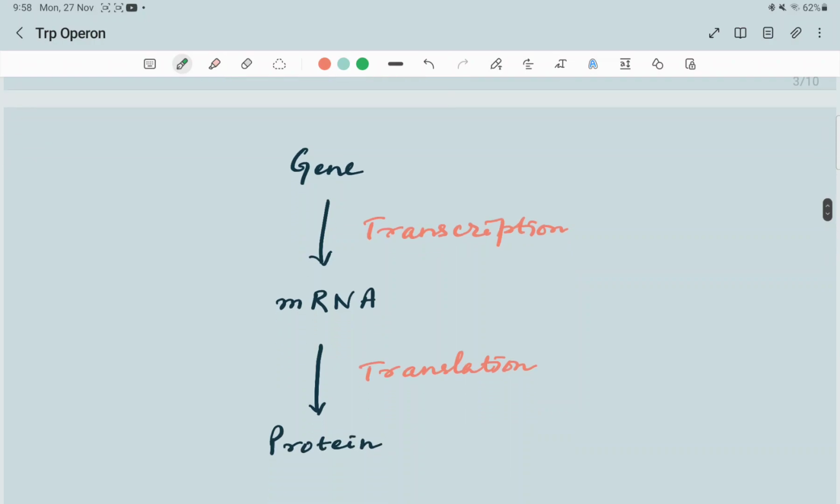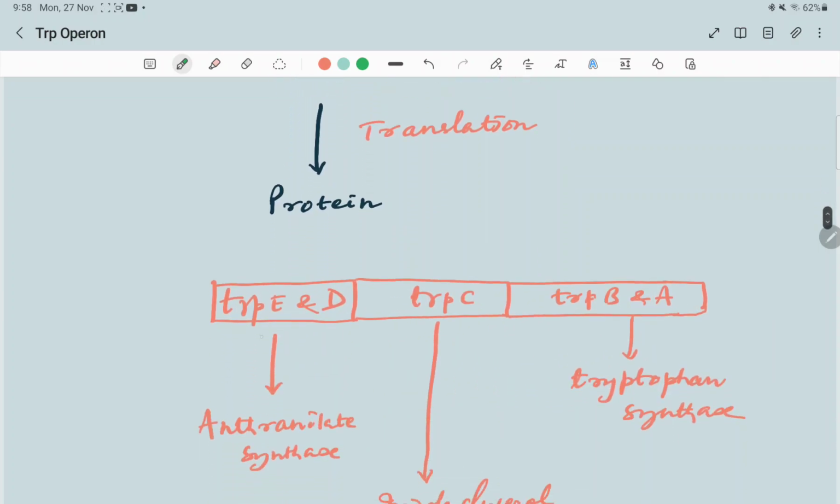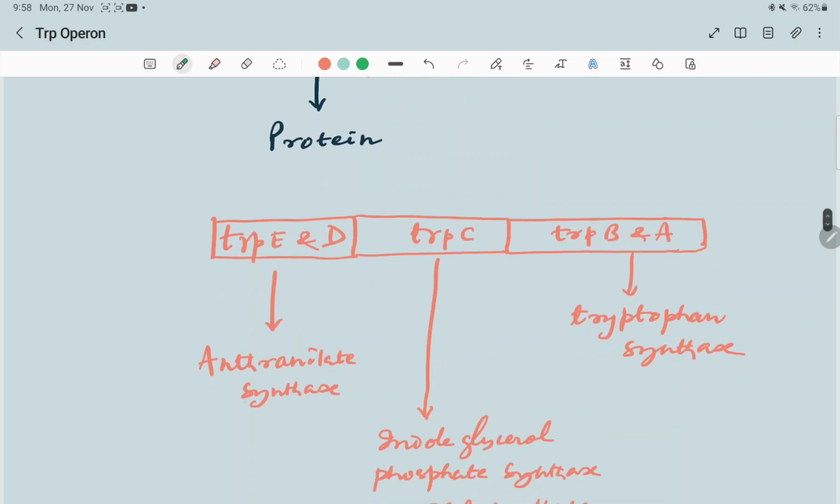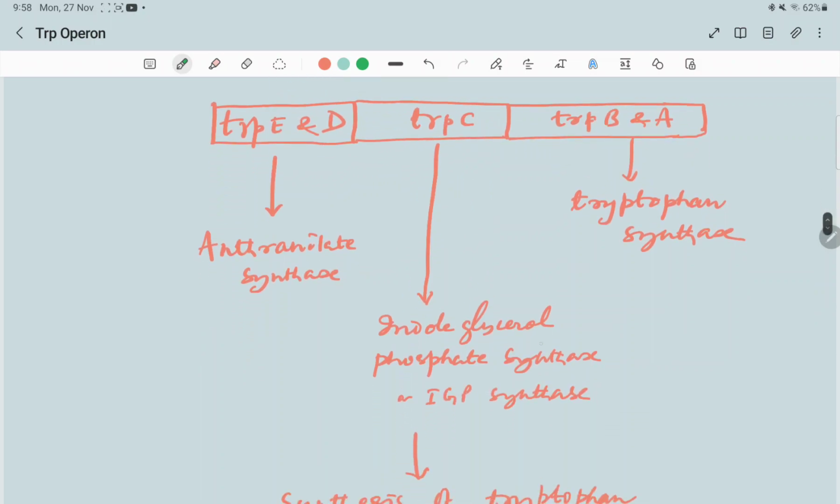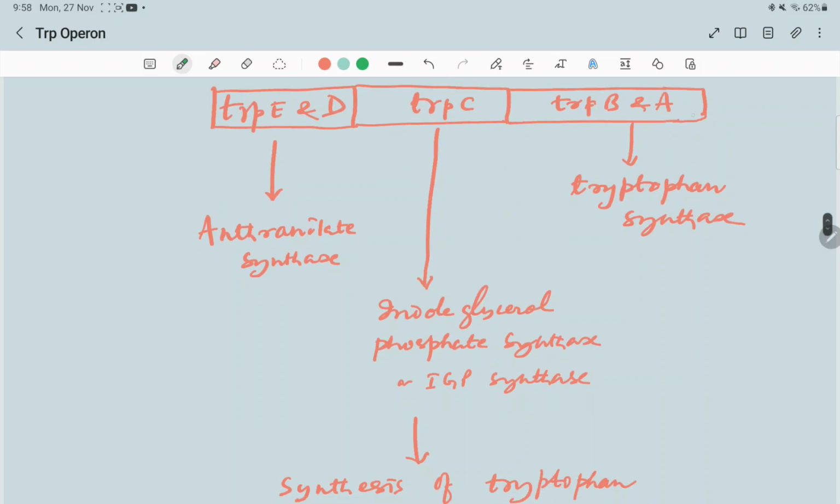As we know, gene on transcription produces messenger RNA, then messenger RNA on translation produces protein. So TRPE and TRPD genes produce the enzyme anthranilate synthase. Enzymes are nothing but proteins. So anthranilate synthase protein is produced from TRPE and D genes. TRPC gene produces indole glycerol phosphate synthase or IGP synthase, and TRPB and A produce the enzyme tryptophan synthase.